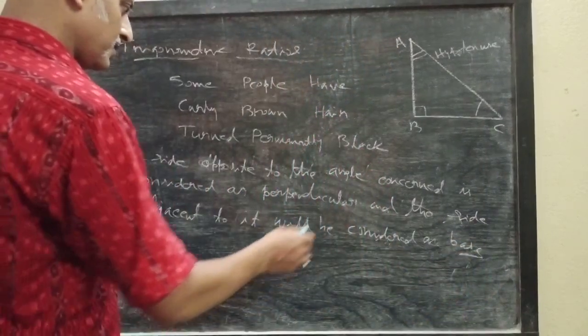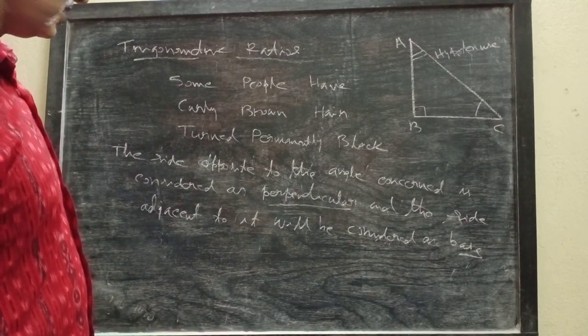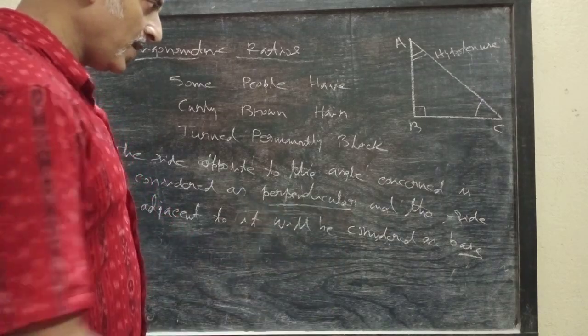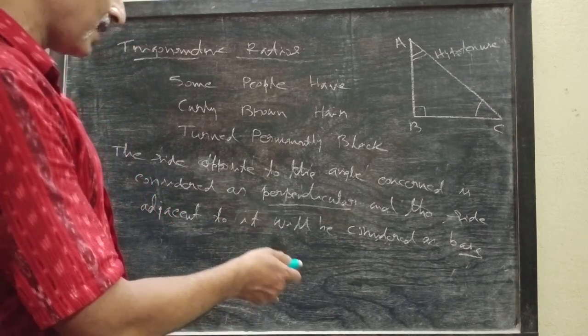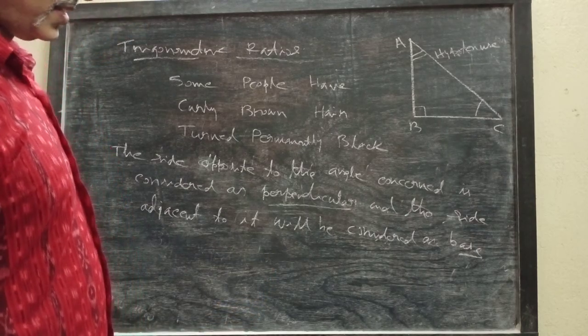This is base, this is perpendicular. What I have written is: the side opposite to the angle concerned is considered as perpendicular and the side adjacent to it will be considered as base.